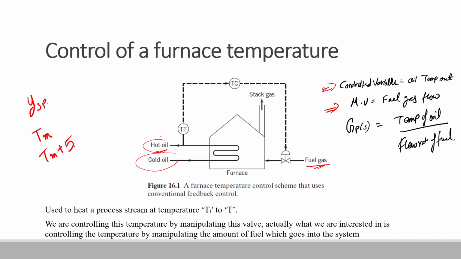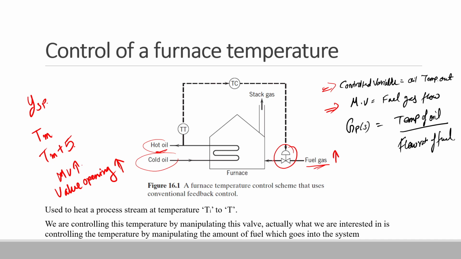So it is obvious that since I want to increase the temperature, the fuel gas flow rate should also increase. So in order to increase the fuel gas flow rate, we will increase the valve opening. Once we increase the valve opening, the amount of gas passing through this valve will increase.